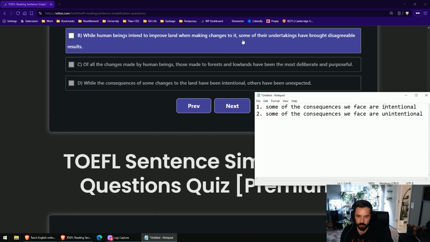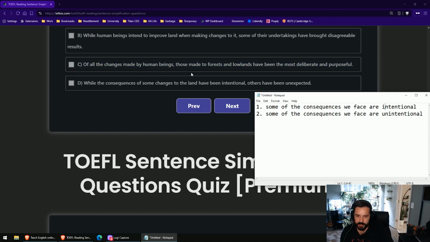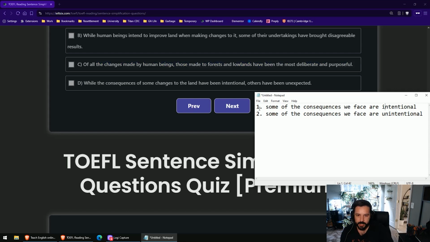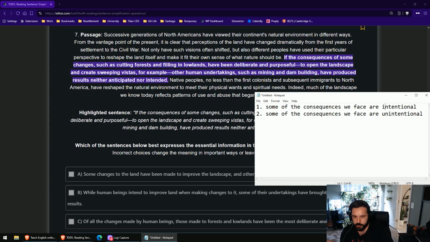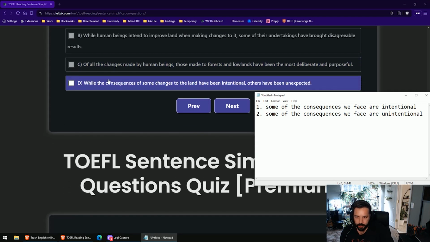And also that means all of them are positive, all of them are done with good intent. We don't really know. Of all the changes made by human beings, those made to forests and lowlands have been the most deliberate. No, we didn't say which type of action is the most or least dangerous or good or bad or whatnot. While the consequences of some changes to the land have been intentional, others have been unexpected.